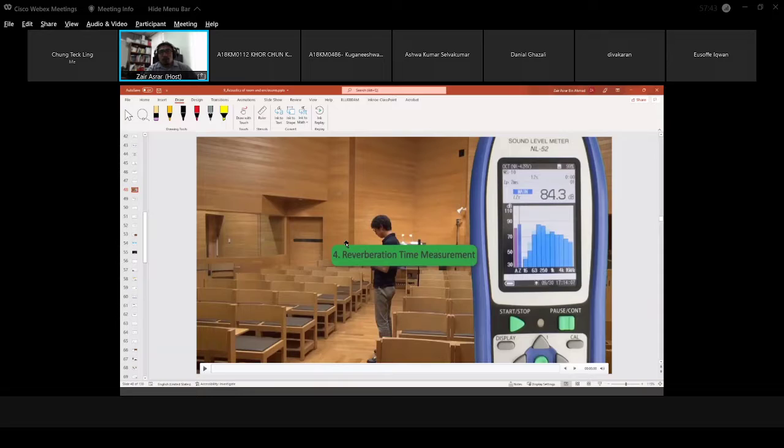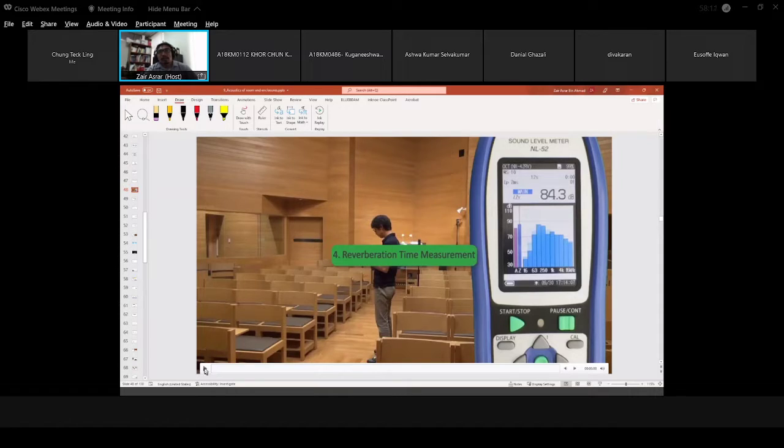Normally, if we have a hall and we want to do reverberation time measurement, we will excite a white noise. Then we start our measurement, and when the noise subsides, we can see the trend of the measured sound pressure level. We will be capturing the time it takes for the sound to reduce by 60 dB.